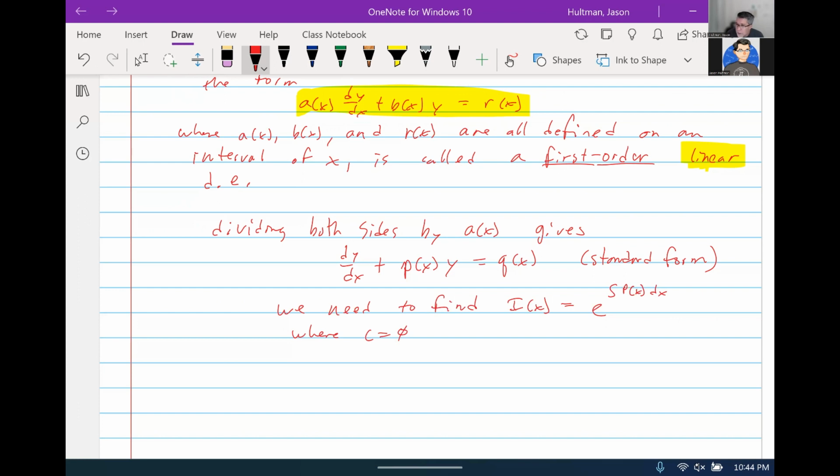We only need one function that works here. We don't need a family of functions, especially since we're going to take the derivative of it later on.